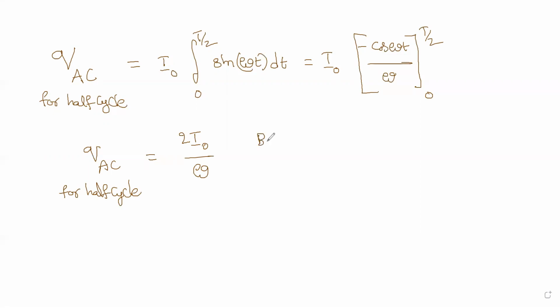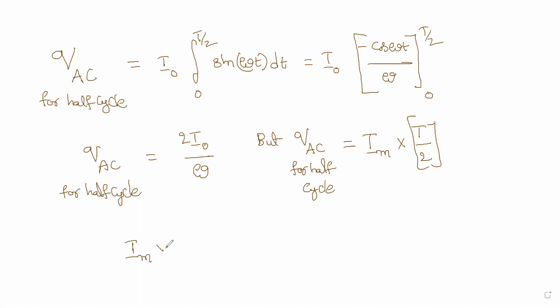But we know that QAC for half cycle is the mean current Im into t by 2, because both are QAC for half cycle.